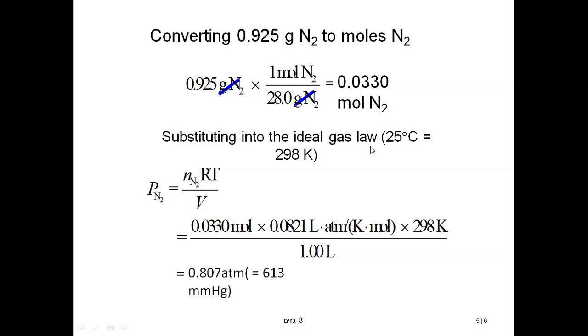Substitute into the ideal gas law, with 25 Celsius equal to 298 Kelvin. So the pressure of N2 equals n of N2 times RT over V, which equals 613 millimeter Hg.